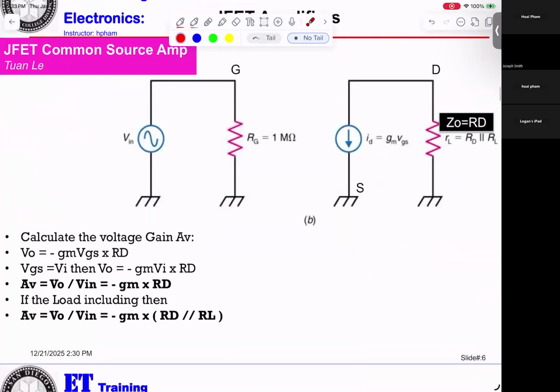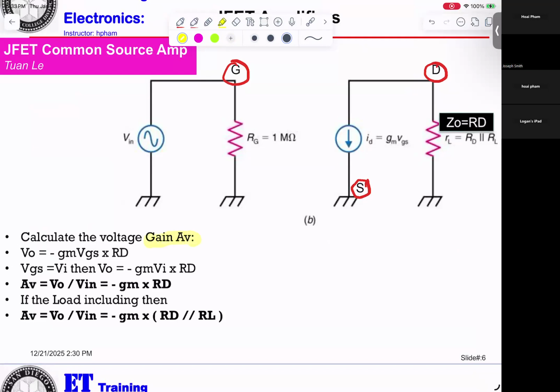So you know that is the gate. This is the drain and the source here. And that's what they're talking to you. Calculate the gain.